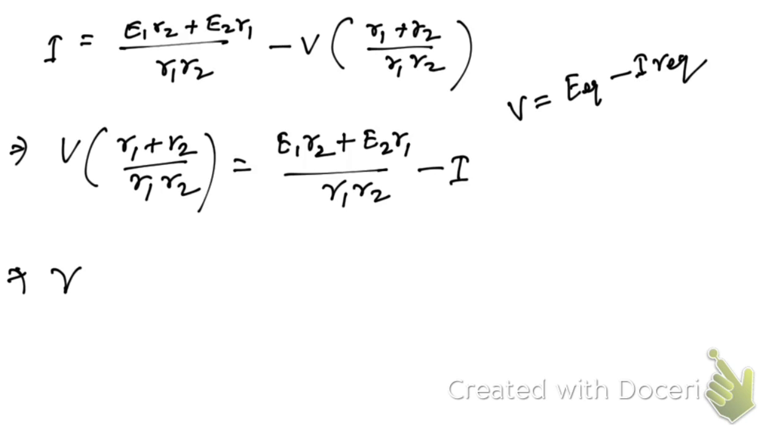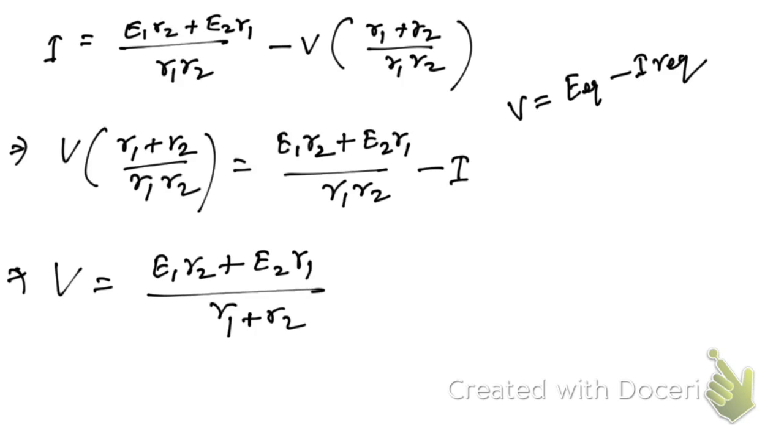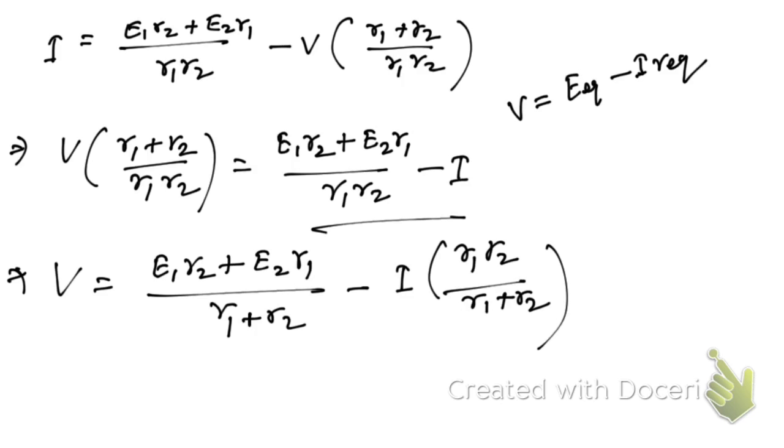Then V will be equal to (E1 R2 plus E2 R1) by (R1 plus R2) minus I into R1 R2 by (R1 plus R2), right? Just simple simplification. What we have done is multiplied both sides by the reciprocal of this term. That's it, right? Hope you have understood this.